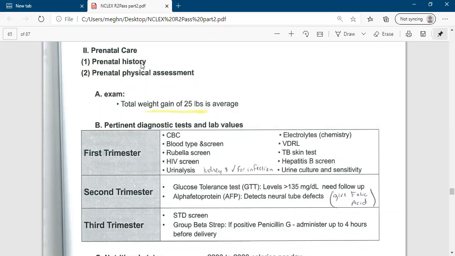If the mother is multipara, then the previous pregnancy history and any medical condition. So everything we have to write down, and also the immunization history. We have to go for physical assessment.